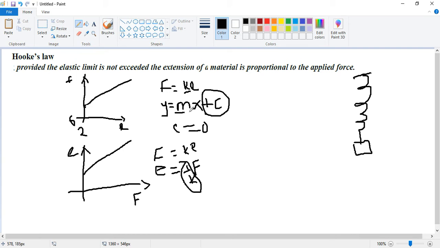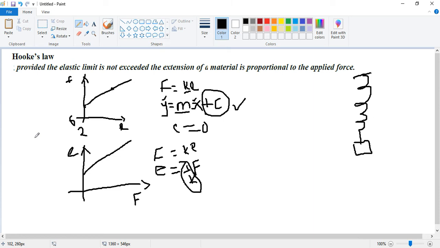Obtain the gradient. Use coordinates from the line. Maybe you can choose a point on the line. You read the y coordinate and x coordinate. Substitute into the equation of a straight line. Once you obtain that c equals 0, it means the graph, even if it is having a false origin, somewhere it would have started from 0, 0.